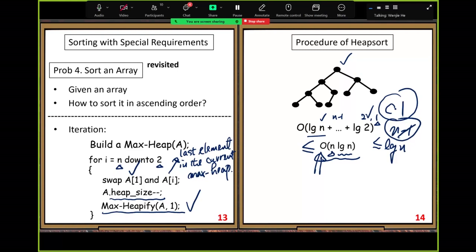So the solution relies on the special data structure, max heap. So you get an idea of the importance of special advanced data structures. All right, so we finished this topic.